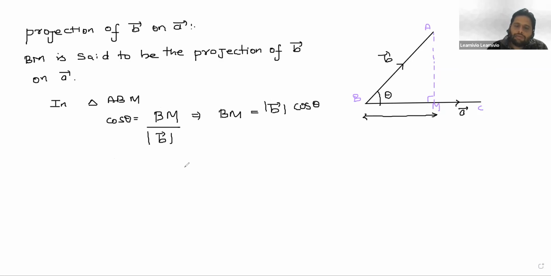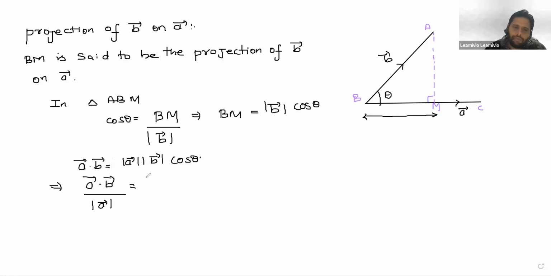Now you know that A dot B is equal to magnitude of A, magnitude of B into cos theta. Shift the magnitude of A to the denominator and you get A dot B by magnitude of A is equal to magnitude of B cos theta.